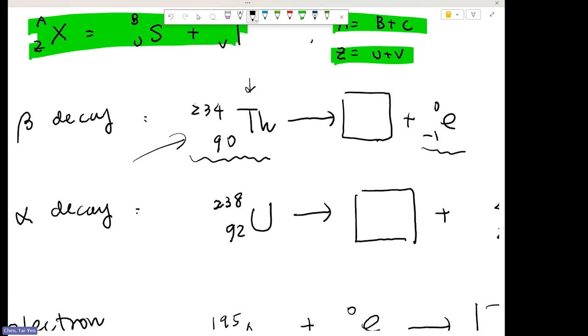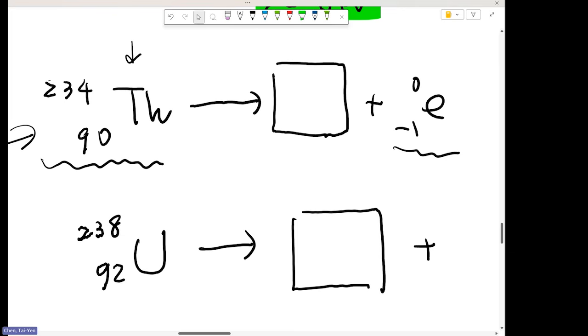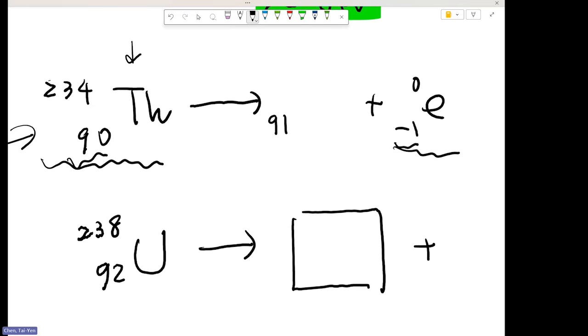Once you do this, you apply the knowledge of these nuclear equations. The proton number needs to be consistent. Here you have 90, here you have -1. That means the proton number of your new atom is 91. And the mass number is 234, since the electron is 0. Then you start looking for the atom that has the proton number of 91.